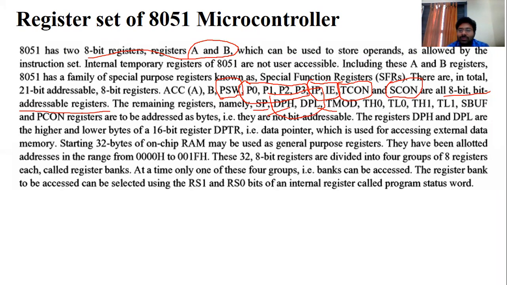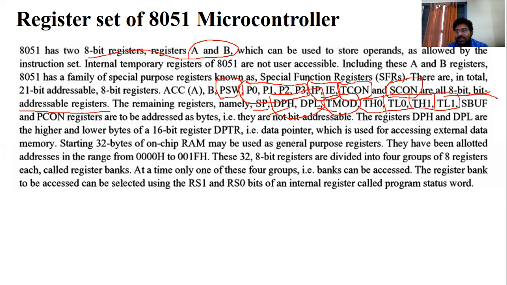Then the timer mode register, TMOD, is used in the timer and counter mode operations. Two 16-bit registers are available here, and these two 16-bit registers are divided into 8-bit registers.